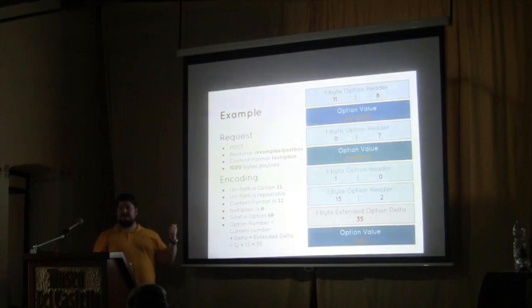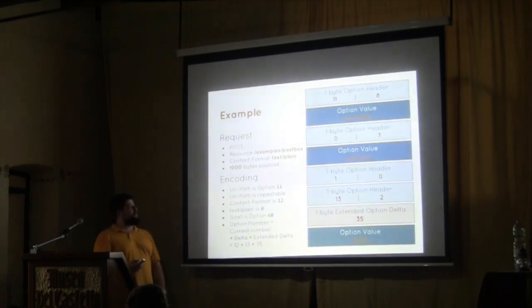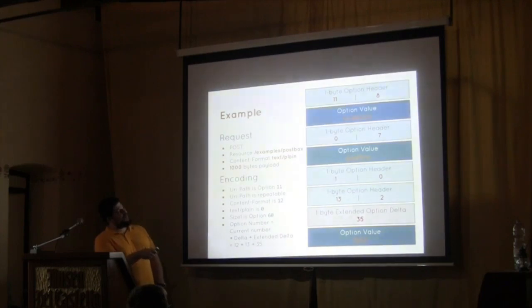If you go back, you will see in the registry 11 is the URI path. So we know, okay, the option is about the URI. And then the length is 8. So we know, okay, there will be 8 bytes following to encode this. And then it's actually a byte string, UTF-8 encoded example: 8 bytes and URI path.